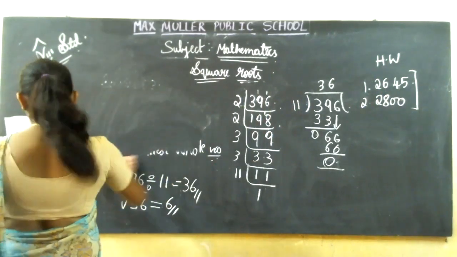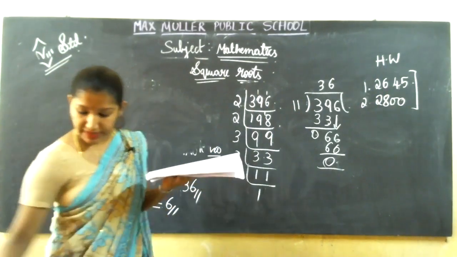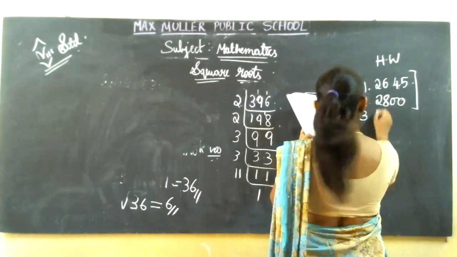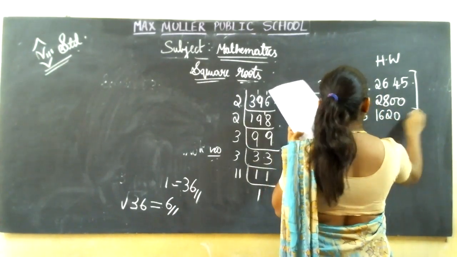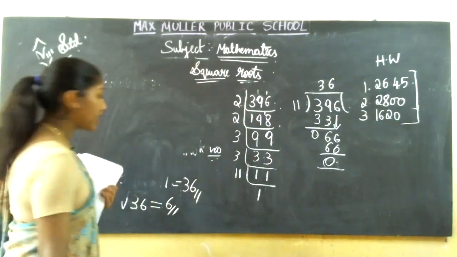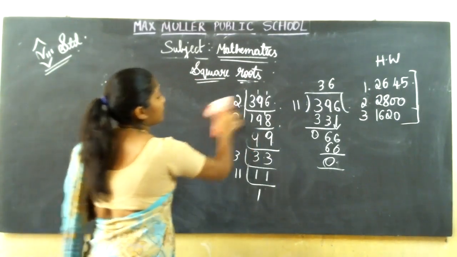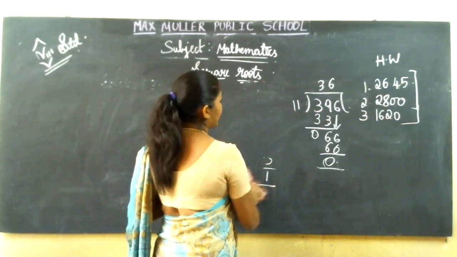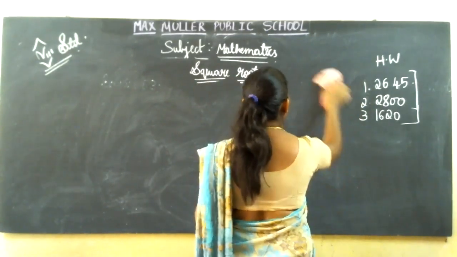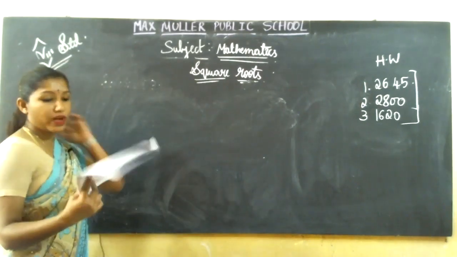Now coming to another problem, 1620. By the prime factorization method, you divide the given number by the unpaired number and find the perfect square.